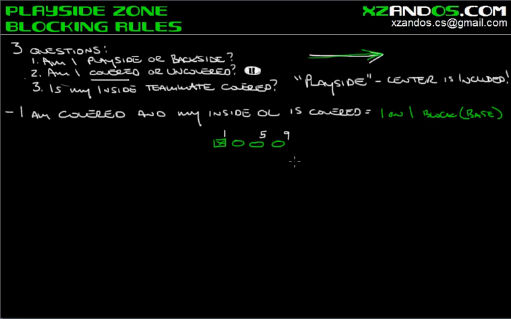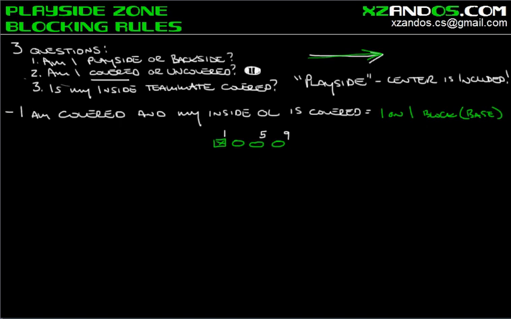We want to ask our offensive linemen, in this case the tight end is a run blocker, to answer these questions going from playside outside in. The tight end is the farthest run blocker outside, so we answer these questions outside in.